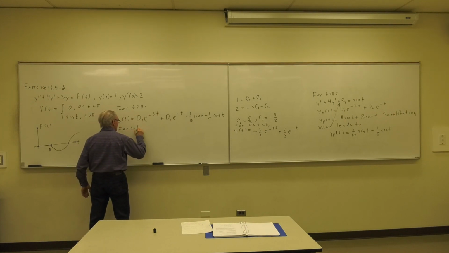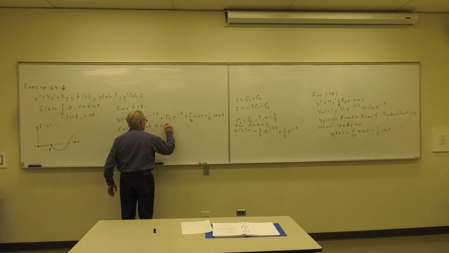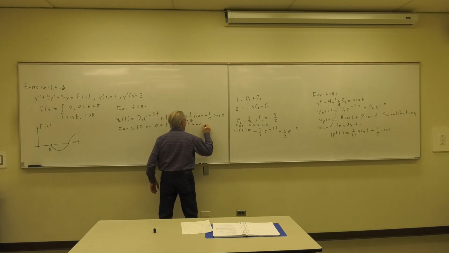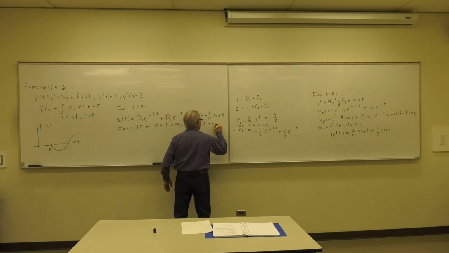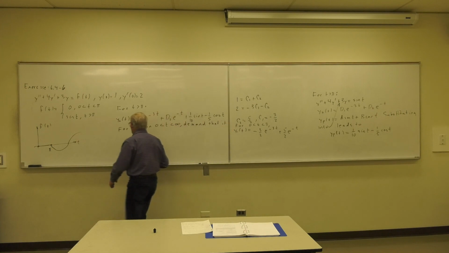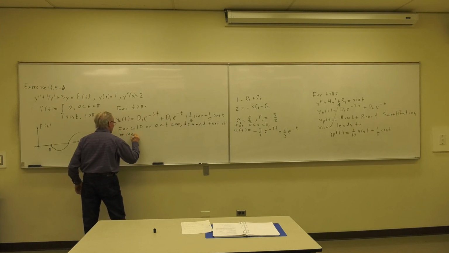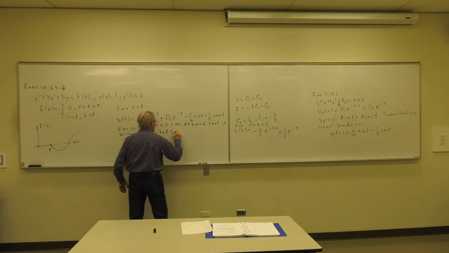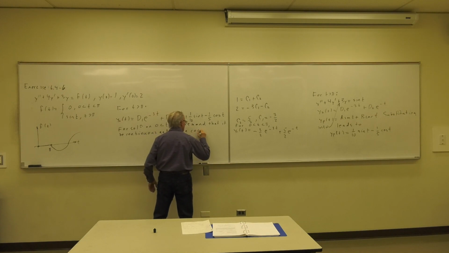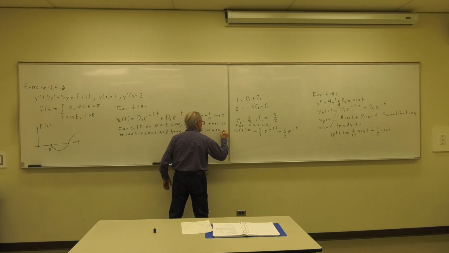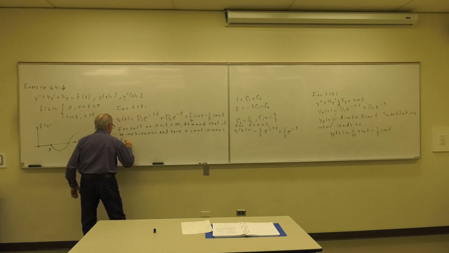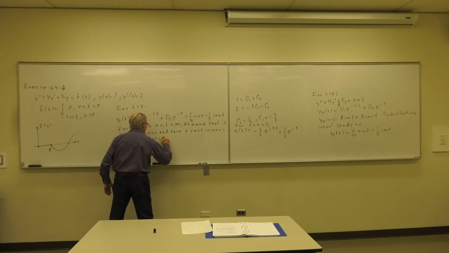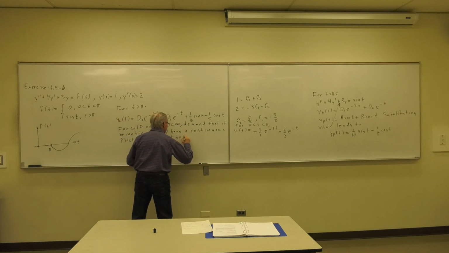For the solution on 0 less than t less than infinity, we demand that it be continuous and have a continuous first derivative at t equal to pi.